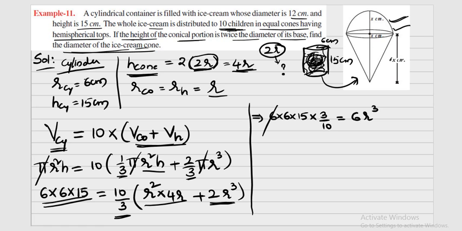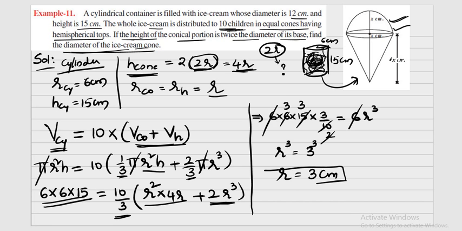Now on both sides I can cancel out 6. Next in 5 table this goes 3 times and this goes 2 times, right? Again this 2 in 6 table, in 6 it goes 3 times, so clearly r cube is equal to 3 cube only, no? So from this radius is equal to 3 centimeters.